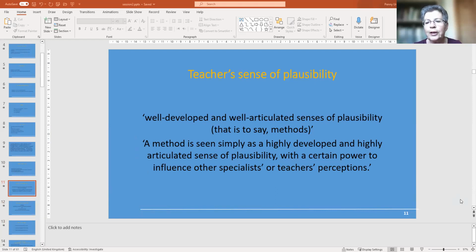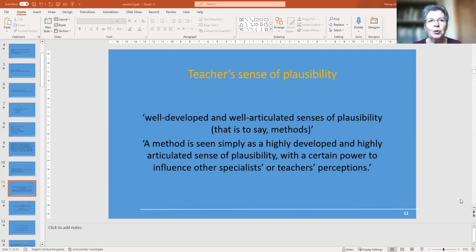What he's actually saying, if you read it, is that a sense of plausibility is in fact a method, in the sense that it is the set of procedures that I use with my own underlying principles and beliefs. So it is a method, even though he's saying that there's no best method.